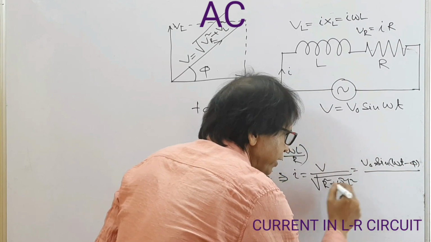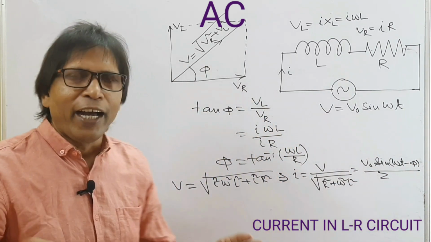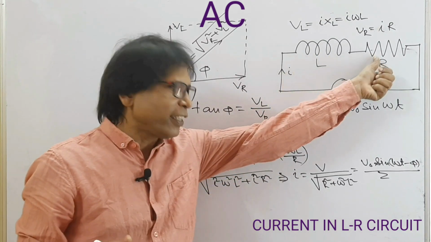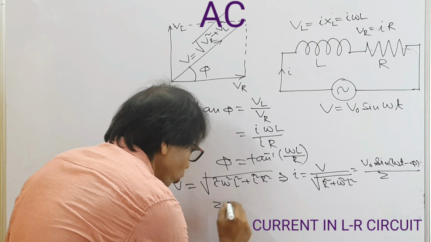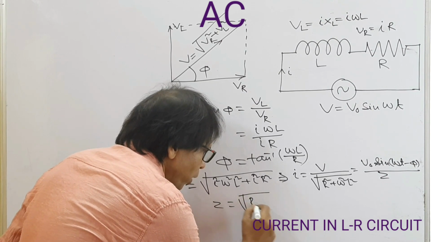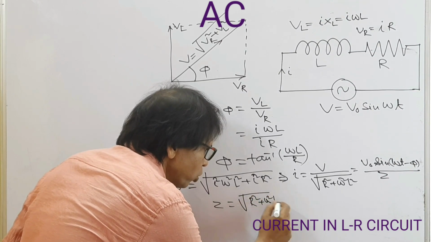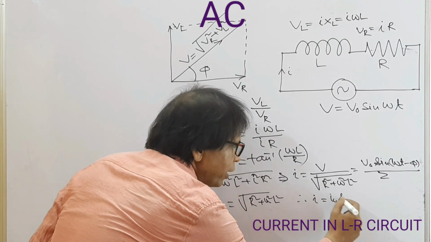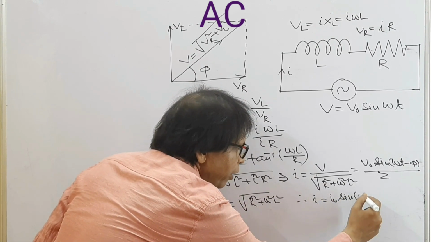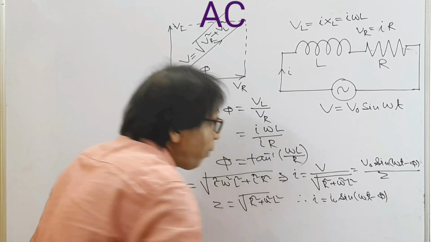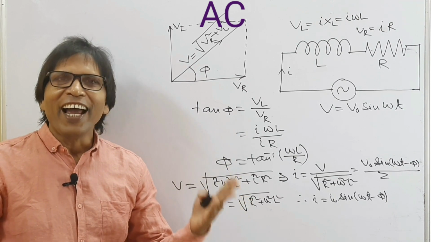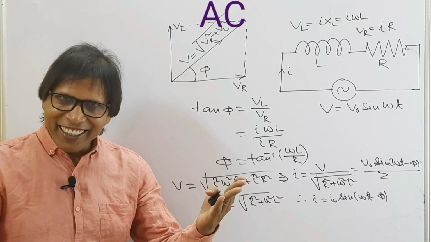This is Z. Z is the impedance of the LR circuit, where Z equals the root of R square plus omega square L square. Therefore I equals I naught sine omega t minus phi, where phi is the phase difference between current and voltage. Understood?